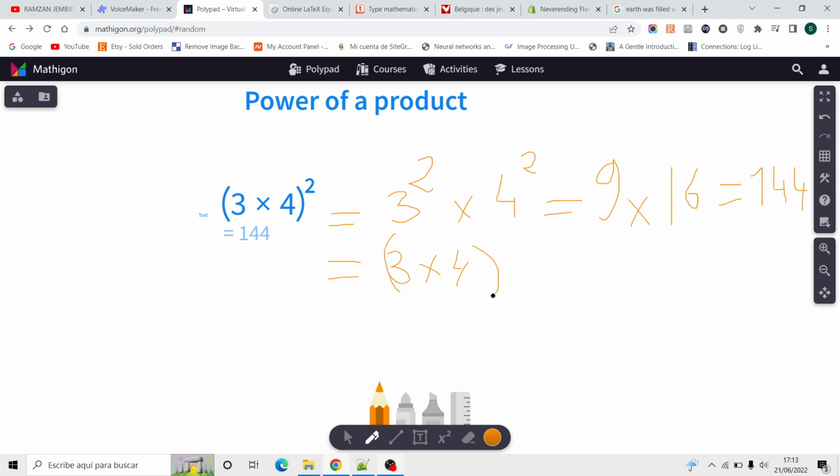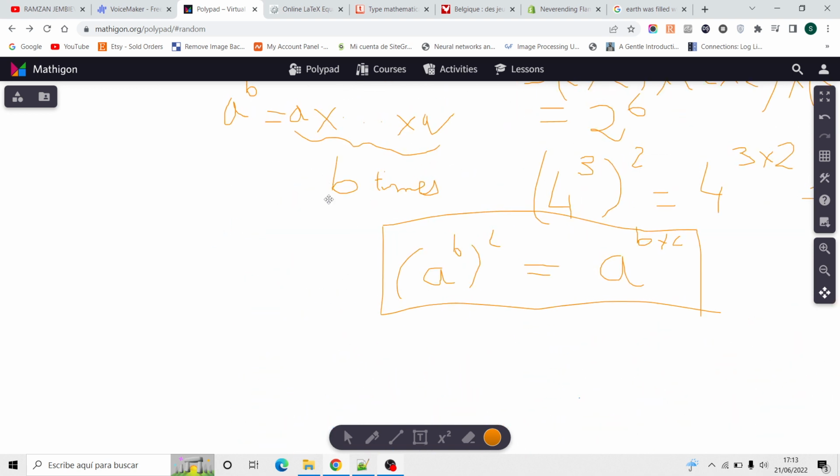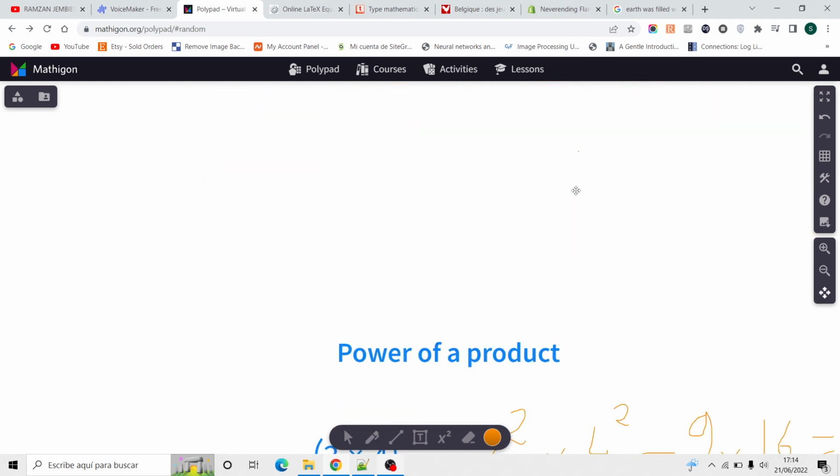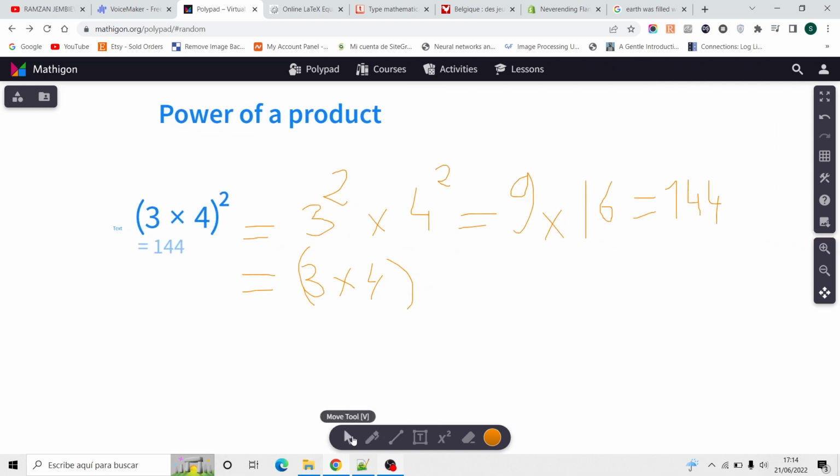Because again, you remember this property here, that a to the exponent b equals a times a times a, b times. Okay. So let's calculate here. We have 3 times 4 multiplied by itself. 3 times 4.